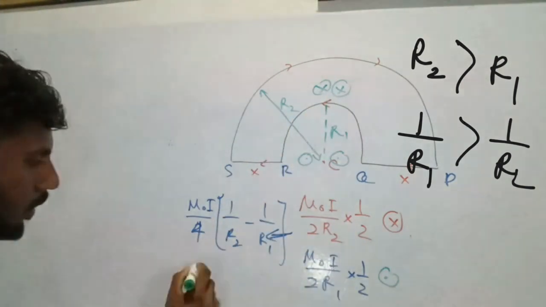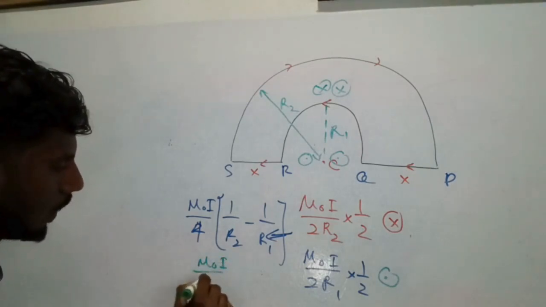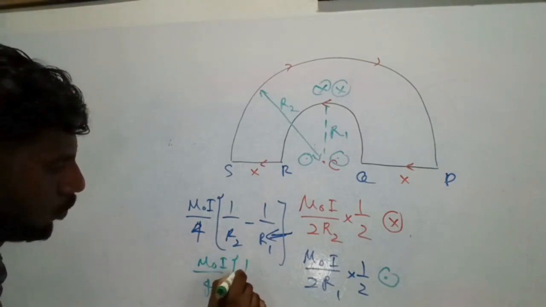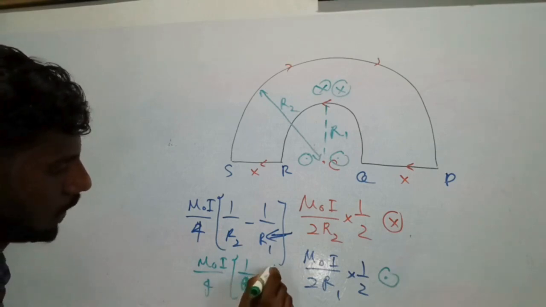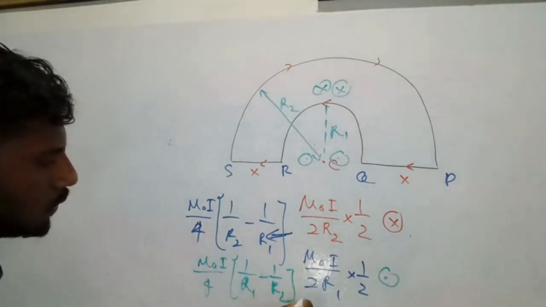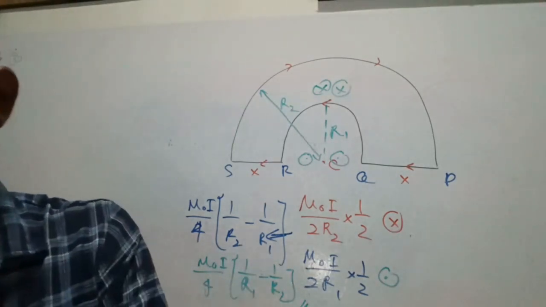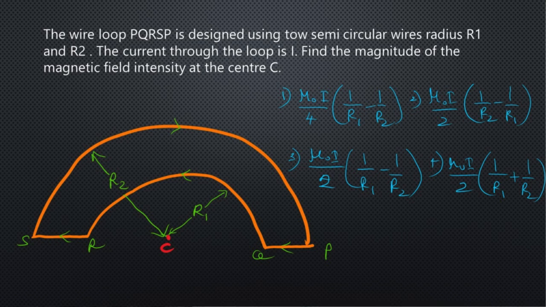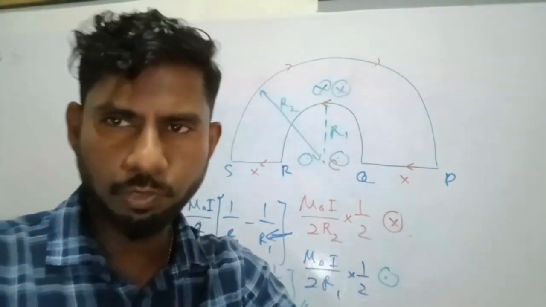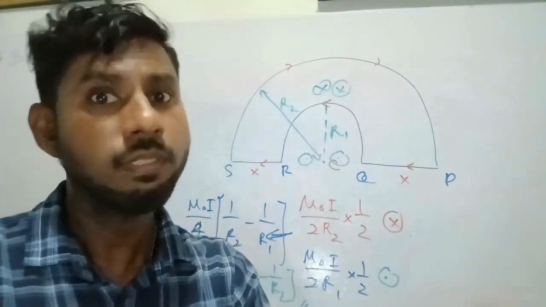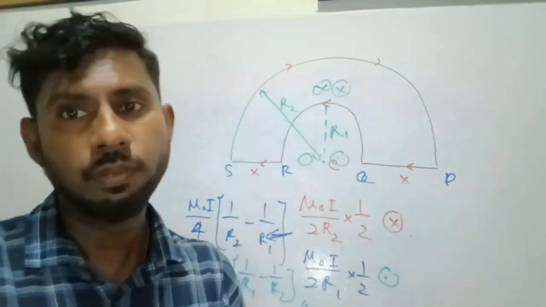The final answer is mu naught I over 4 times 1 over R1 minus 1 over R2. In the given set of answers, it's the third answer. If you are not familiar with these types of questions, that means you don't know the small theories. Again, go through the small theories and you'll be fine.